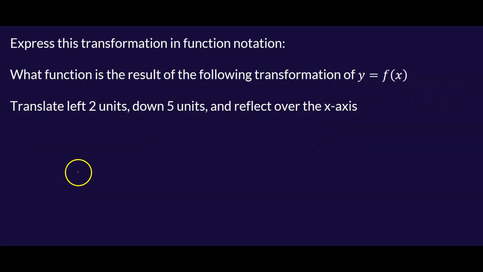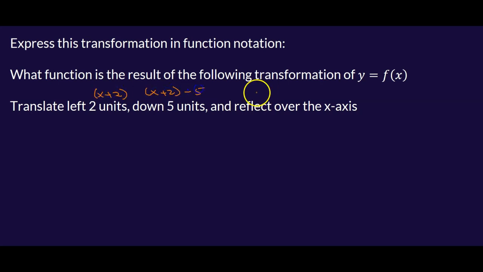So what function is the result of the following transformation of y equal to f of x? We go left 2 units, and I'm going to try to see how we can come up with the function notation for the transformation. Left 2 units, so that's going to be x plus 2. Down 5 units, so we're going to have x plus 2 minus 5.